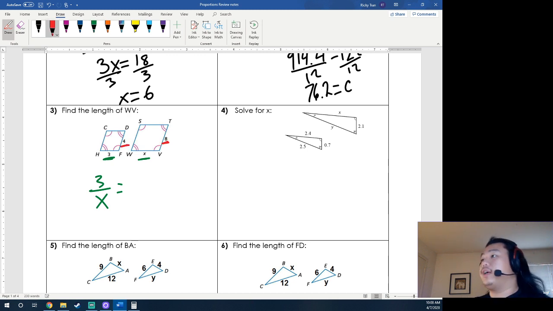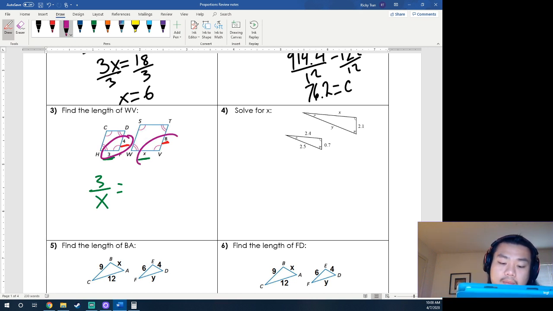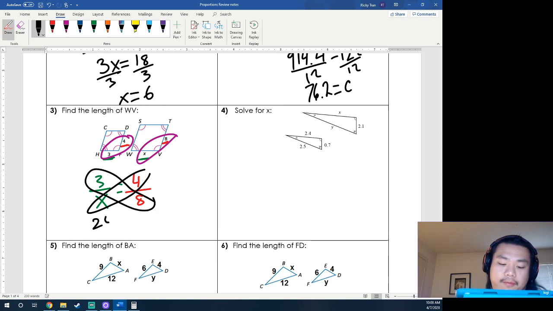Now remember, there has to be a relationship. The relationship between 3 and 4 is from the same shape, so that means 4 should be on top and 8 should be at the bottom. From here, we cross multiply.